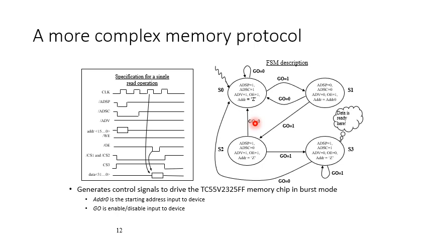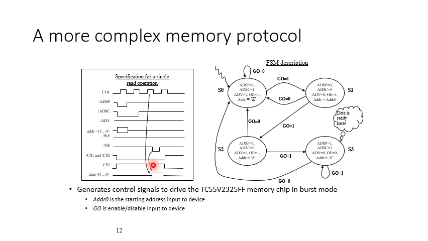The output of our machine is a set of control signals specific to the memory device. So what is the output? I have already told you that it is a set of control signals. Okay, so this is how you read data in burst mode.